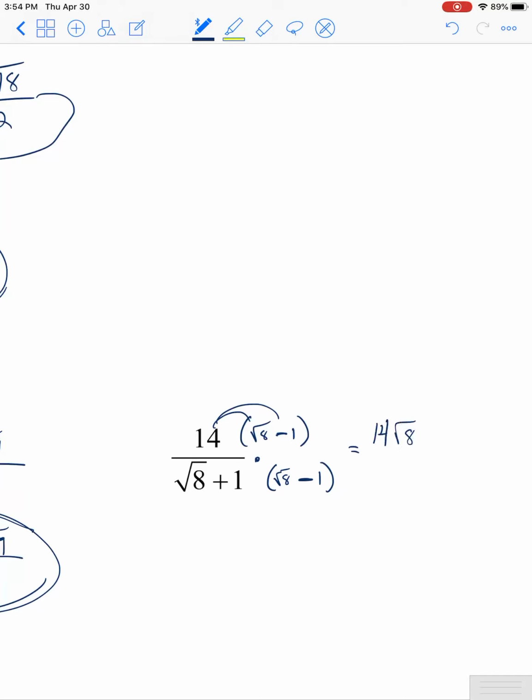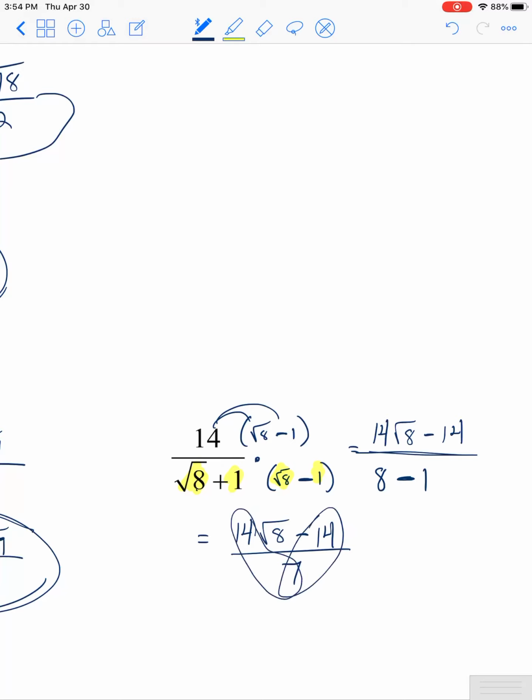So this gets me 14 radical 8 minus 14 over, so 8 times 8. So again, here's the trick. Radical 8 times radical 8 is just 8. You're always going to have a subtraction. And then 1 times 1 is just 1. So you are left with 14 radical 8 minus 14 all over 7.